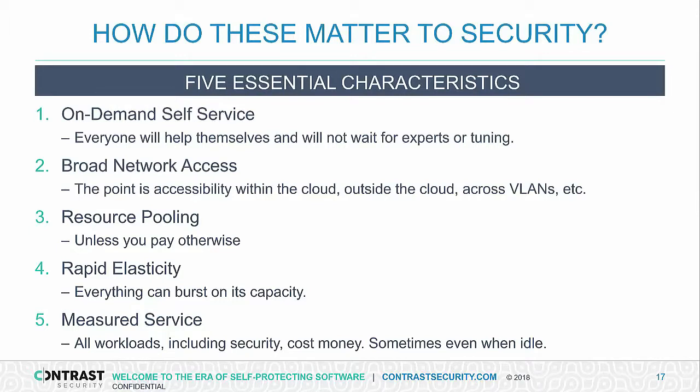Finally, that goes to measured service, which is that budget, because all workloads in the cloud, including security workloads, will cost money. And a lot of these resources will cost money even when they're idle. And that money will come in the form of either reserved capacity or, on occasion, storage in the different storage tier.